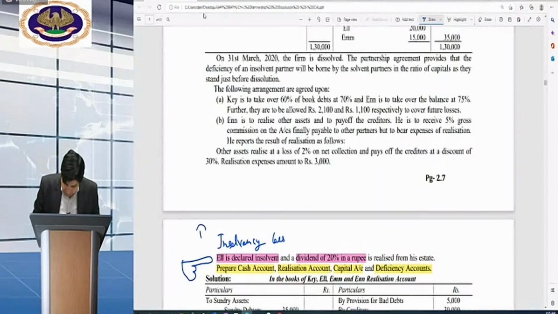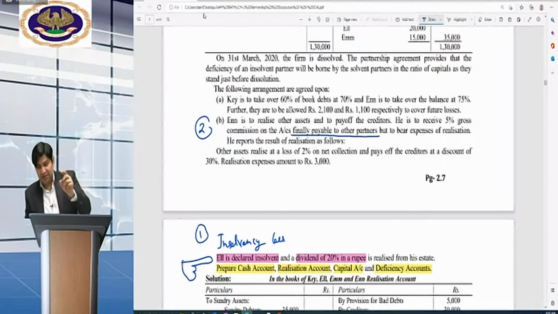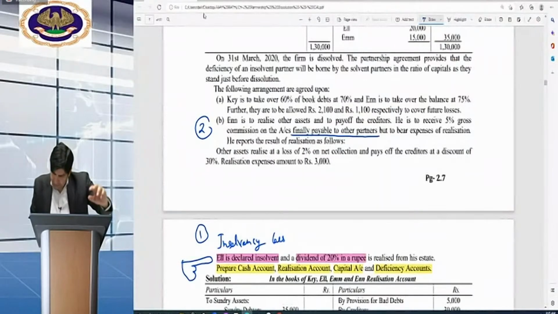The final payable to the other partner will come out only after the adjustment of loss. I am transferring the realization profit and loss, don't worry. So 5% on the account finally payable to the other partner. Okay, beta.